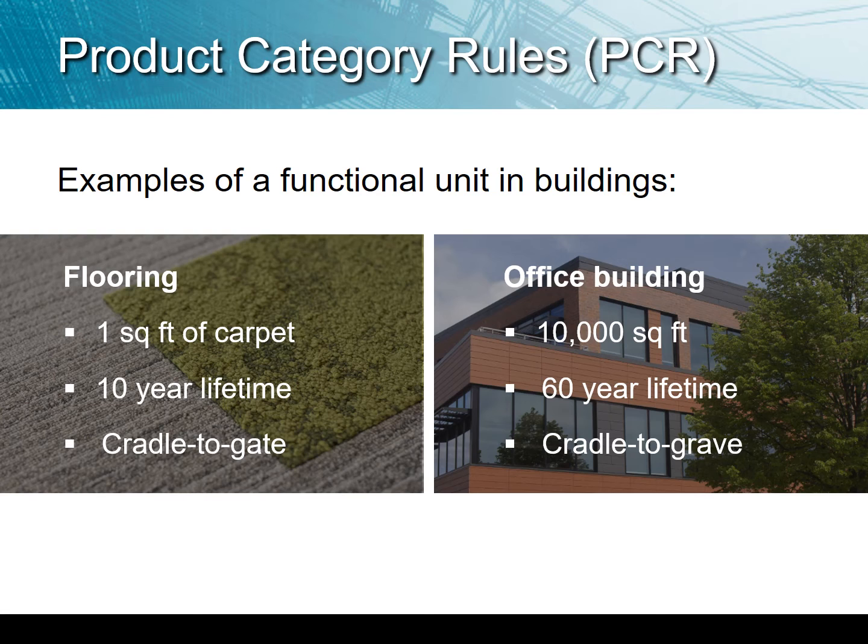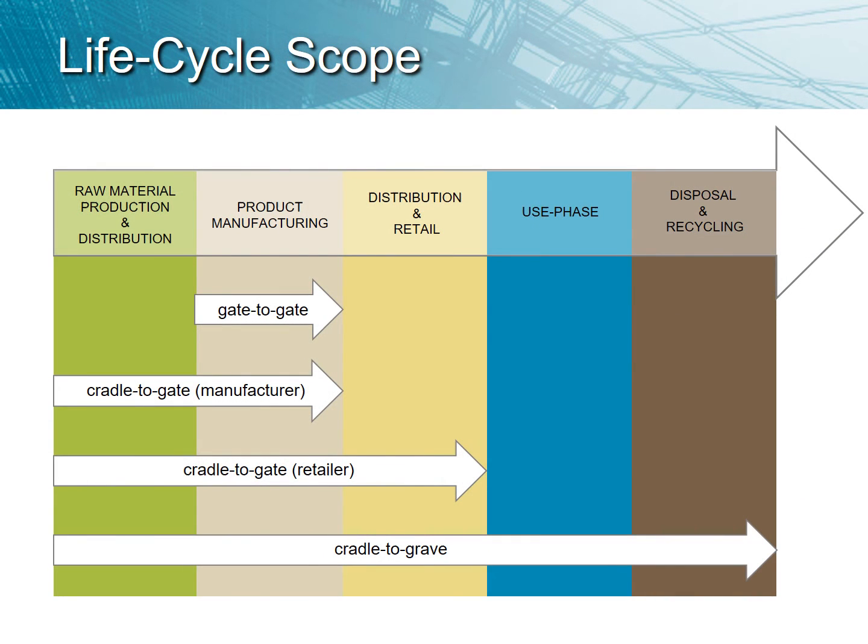Let's take a moment to refresh on what the life cycle scopes are. When we're looking at the scope of an LCA, we, or the PCR, needs to determine what is included in the analysis. There are different stages of a product's life, as shown. The raw materials production and distribution, product manufacturing, distribution and retail, the use phase, and disposal and recycling.